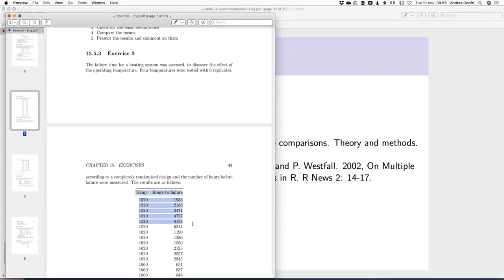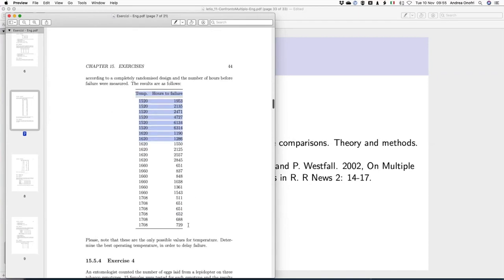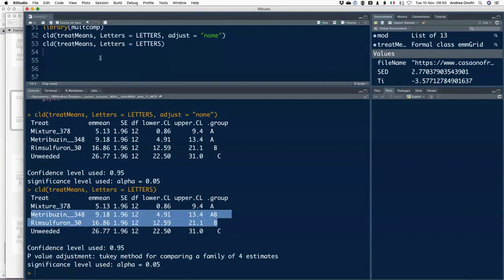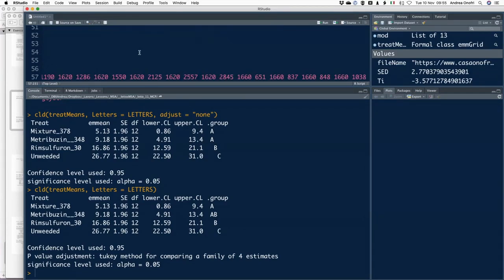I'm copying the data, inputting it in my R console. So that would be exercise 3, copying the table.